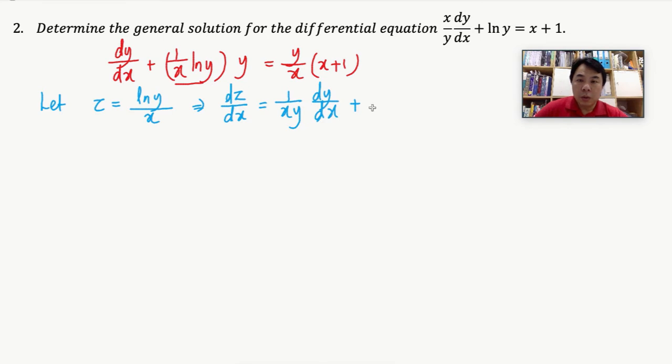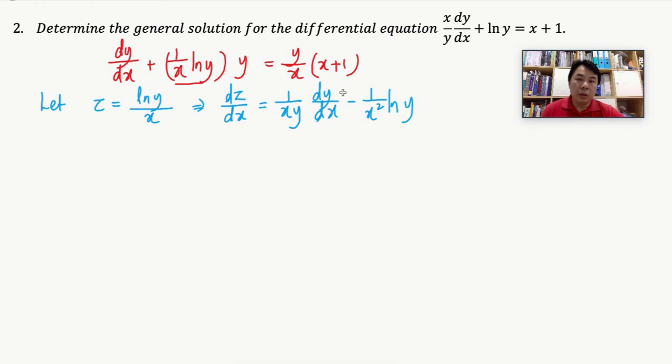Secondly, if we differentiate this, that will be a negative 1 over x squared ln y. So that's how the differentiation of z with respect to x would look like at this point.